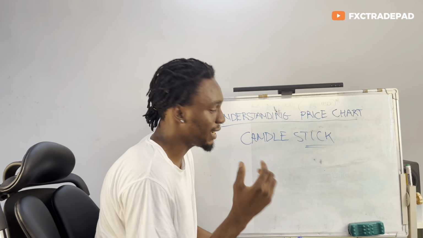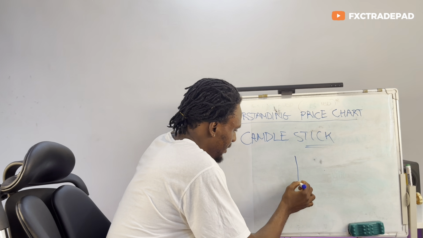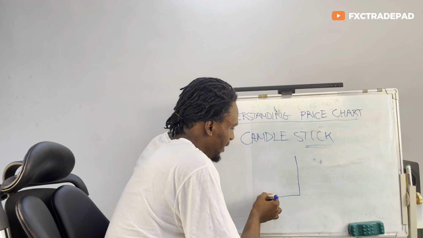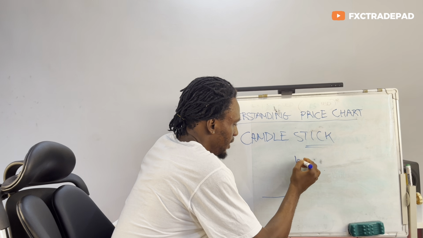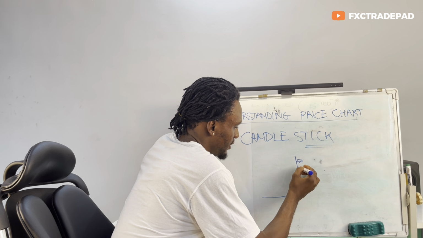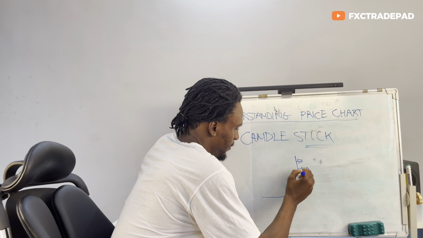So explaining candlestick more deeply right now, let's assume this side is the price. This is what you always see on the platform I will be introducing you to. So let's say this is about price 50. Let's say this is about price 40.